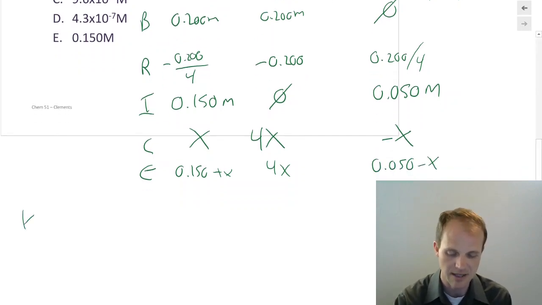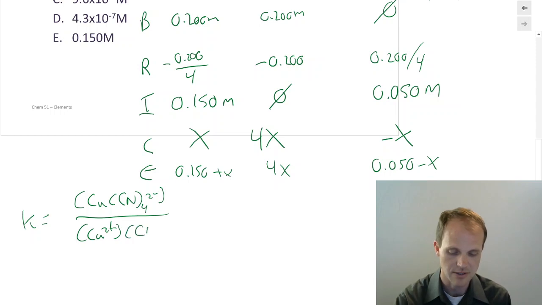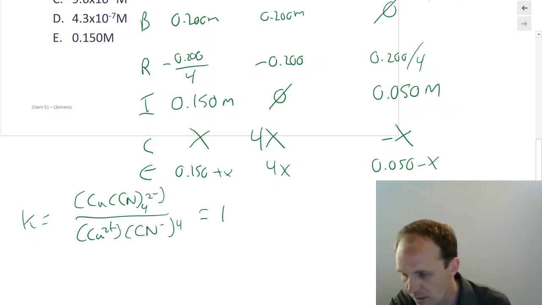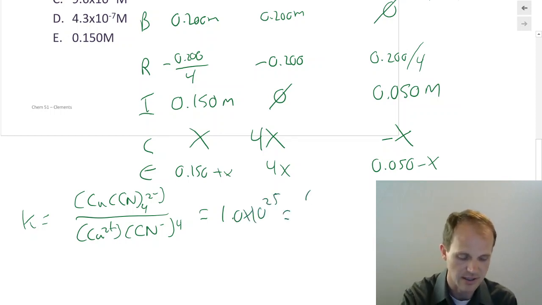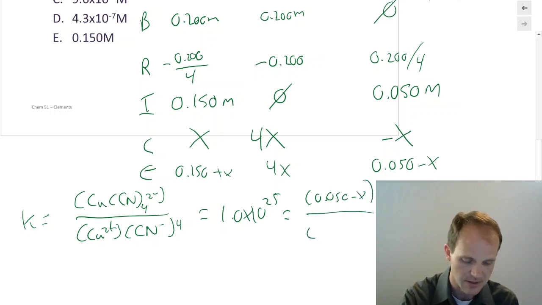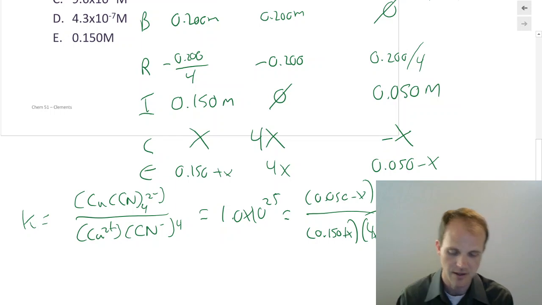We set up our K expression: the concentration of copper cyanide complex over the concentration of copper times the concentration of cyanide to the 4th, and that's going to be 1.0 times 10 to the 25th. And that's going to look like this, 0.050 minus x, 0.150 plus x, and 4x to the 4th.